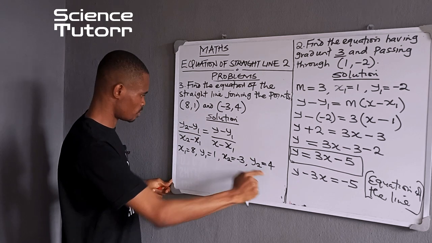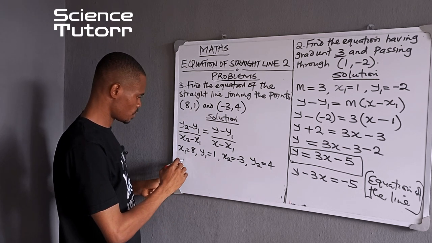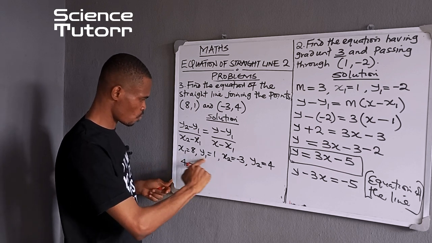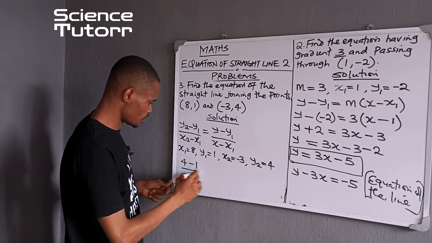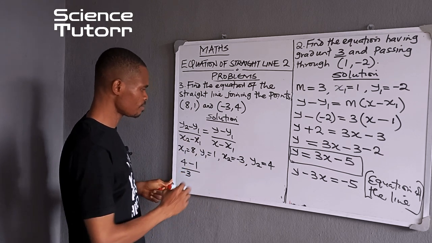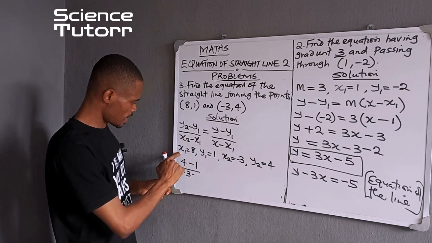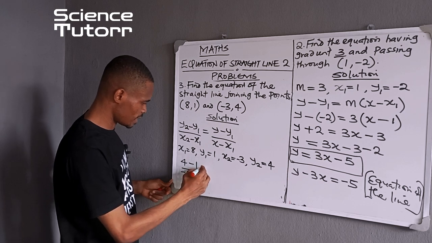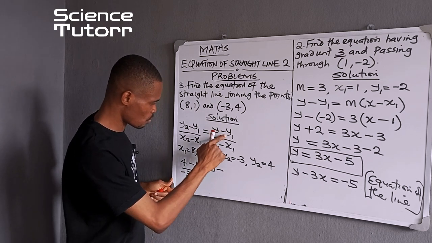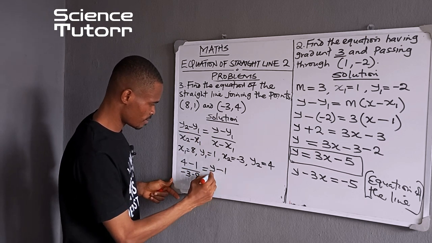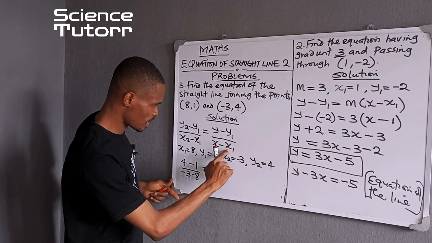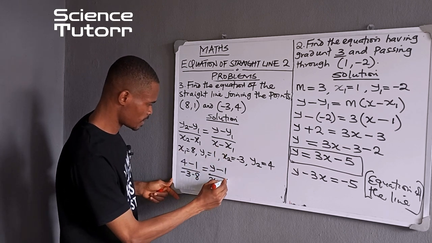So y2 represents 4. So we have 4 minus y1, which is 1, divided by x2, which is minus 3, minus x1, which is 8, is equal to y minus y1, which is 1, divided by x minus x1, which is 8.